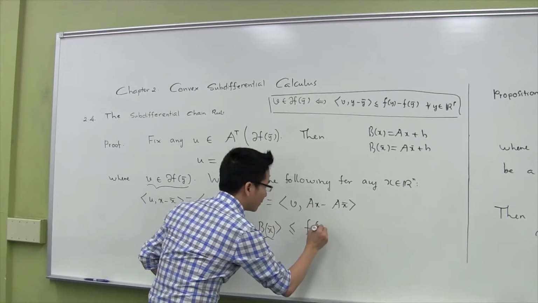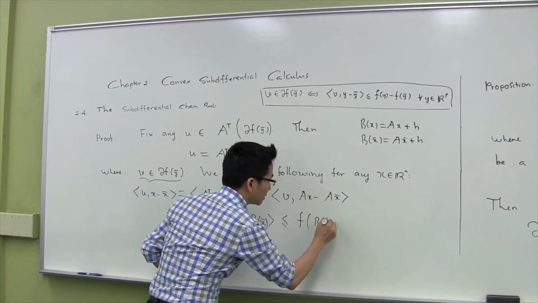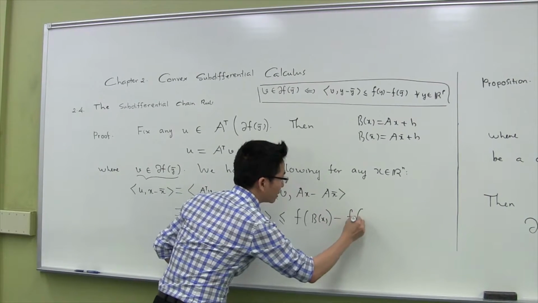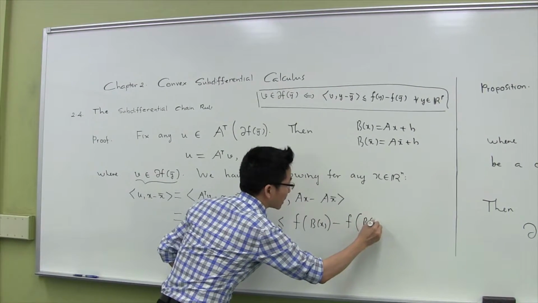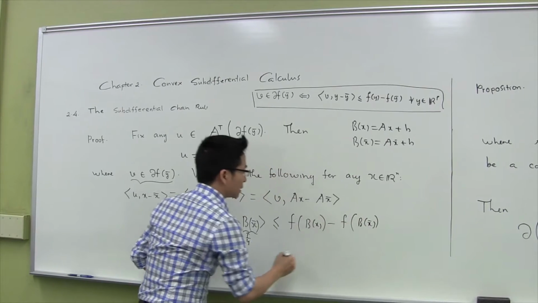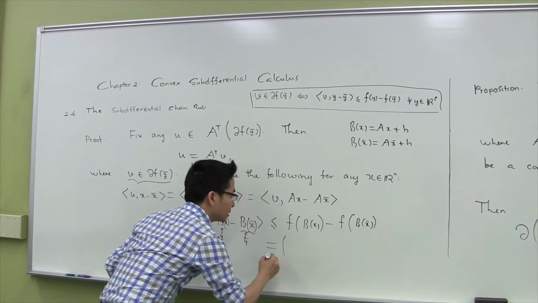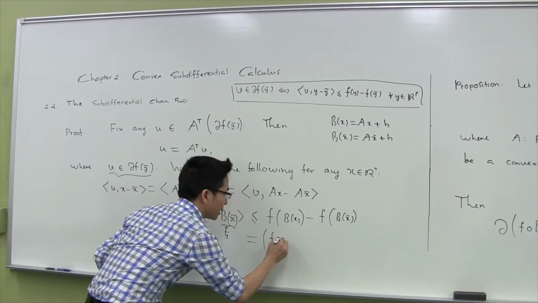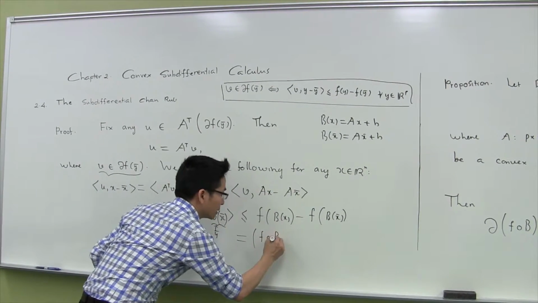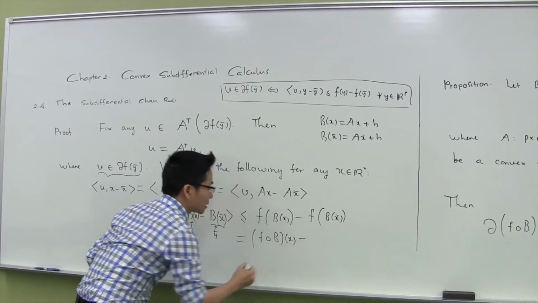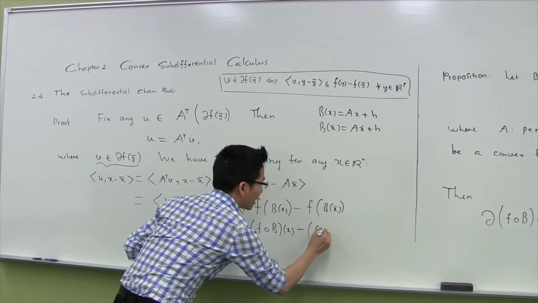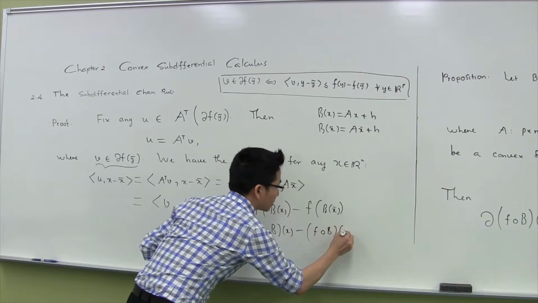So it's f of b of x minus f of b of x bar. So by definition, this is just the same as the composition of f and b of x minus the composition of f and b of x bar.